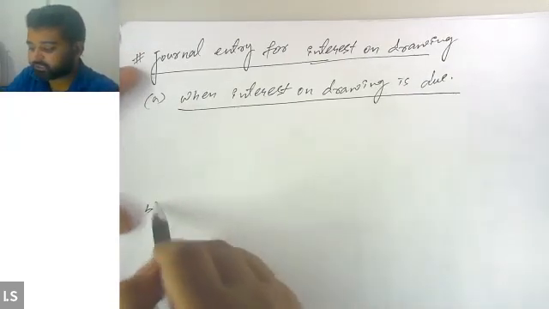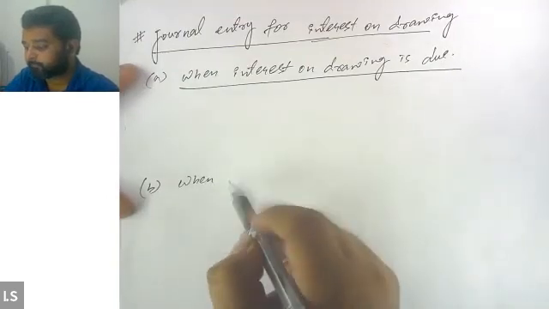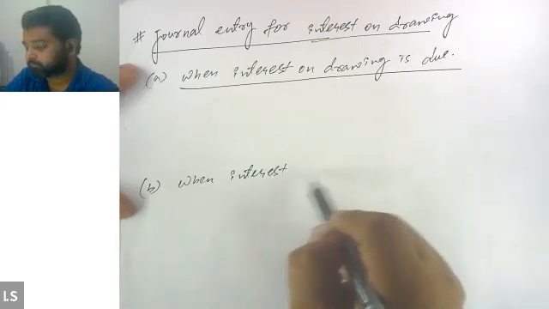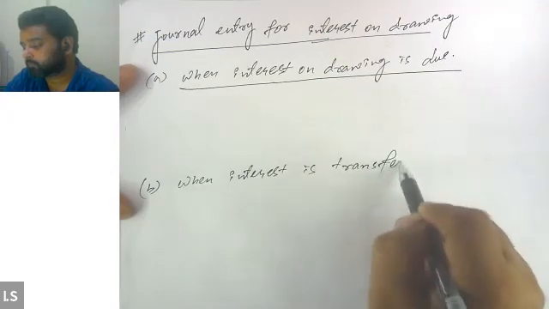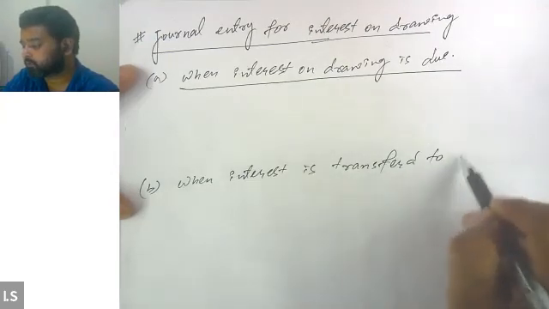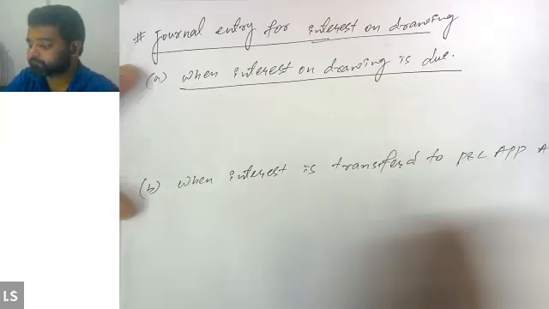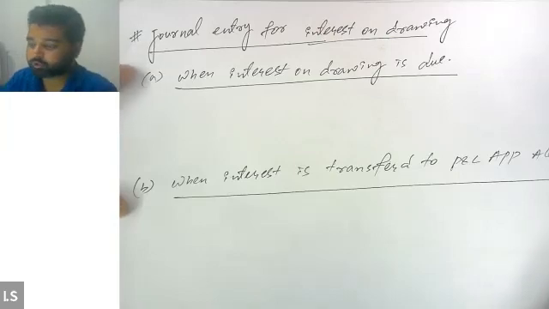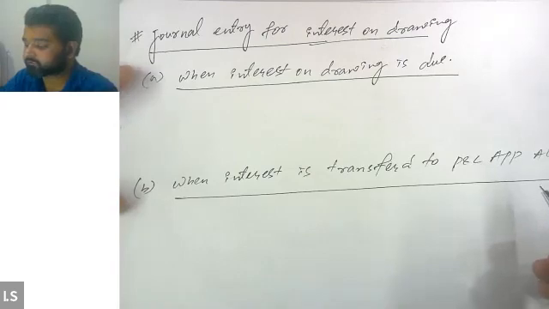And the second journal entry will be done when interest is transferred to the profit and loss account or profit and loss appropriation account. So there will be two journal entries for interest on drawing. First, when it gets due, and second, when it gets transferred to the profit and loss appropriation account.